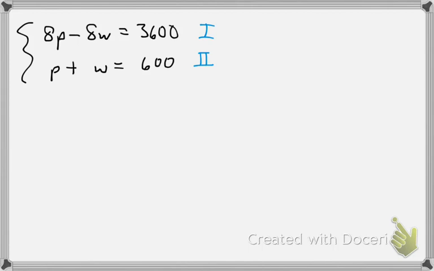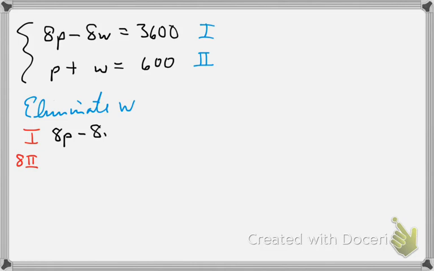So who do you want to eliminate? I'd want to eliminate the wind too. So what would I do? Keep the first one as is and do 8 times the second one. That means 8P minus 8W equals 3,600.